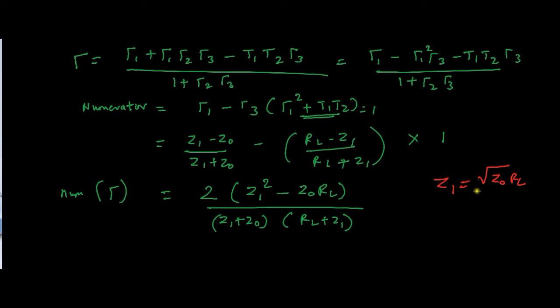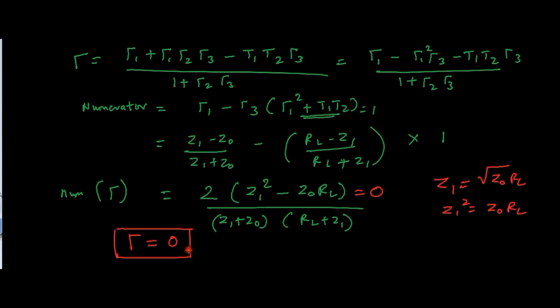So if this is the value, then only the quarter wave transformer can do impedance matching. So by substituting the value here, we'll get Z1 square will be nothing but Z0 into RL. So Z0 into RL minus Z0 into RL, this will be equal to 0. Hence, the total reflection coefficient will be equal to 0.